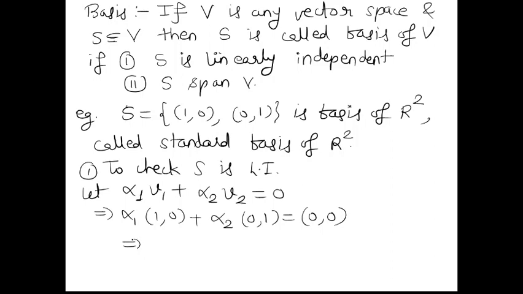Now this gives us (alpha 1, alpha 2) equal to (0,0). On equating, we directly get alpha 1 equal to 0 and alpha 2 equal to 0. As both the scalars in this vector equation are 0, S is linearly independent.